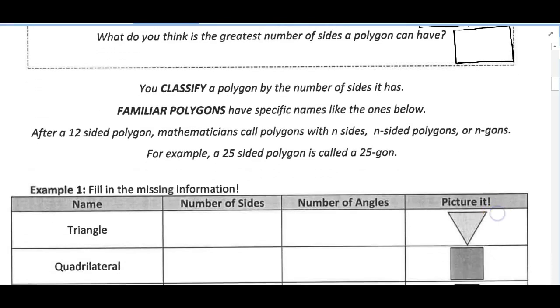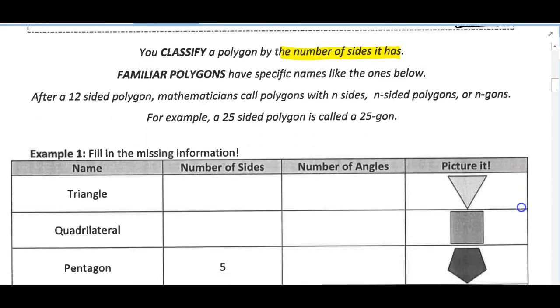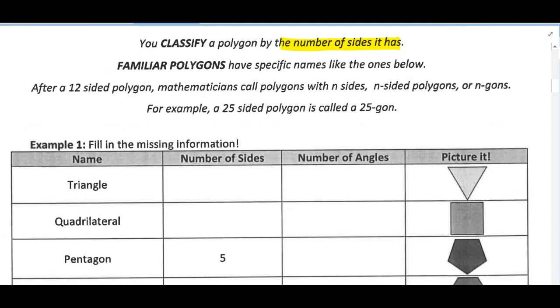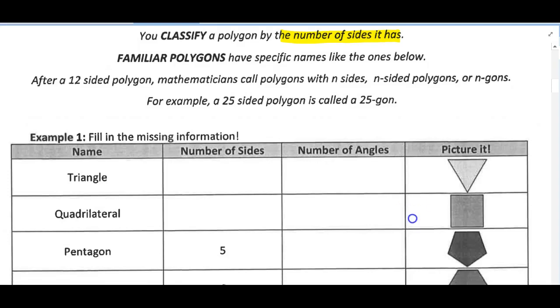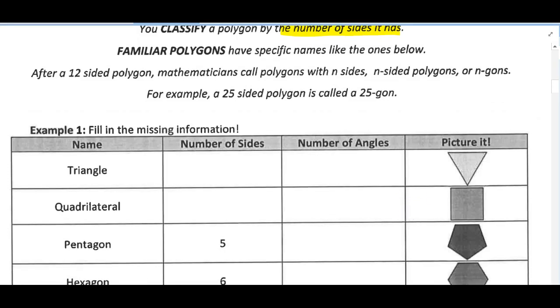Now, you classify a polygon by the number of sides it has. Okay, so we name it by the number of sides. So some familiar polygons have specific names, like triangle, quadrilateral, pentagon. We'll talk about those. For our purposes, anything more than 12 sides, with some exceptions, we're just going to call the polygon by its number of sides.